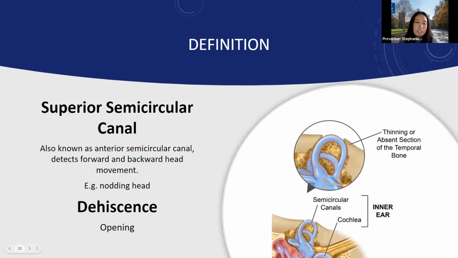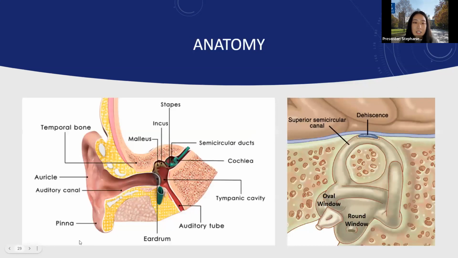So SCD is caused by an abnormal opening between the uppermost semicircular canal and the brain. The condition causes problems with hearing and balance, which I will go through in more detail today. Other names for this condition also include third mobile window syndrome or Minor syndrome.